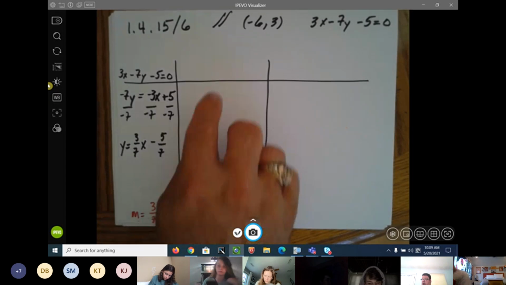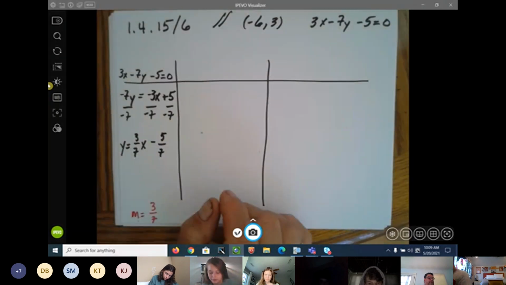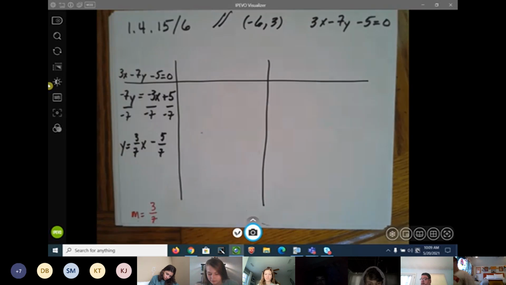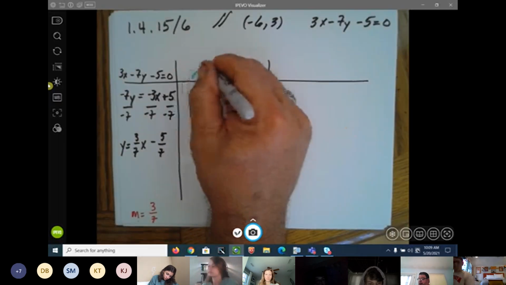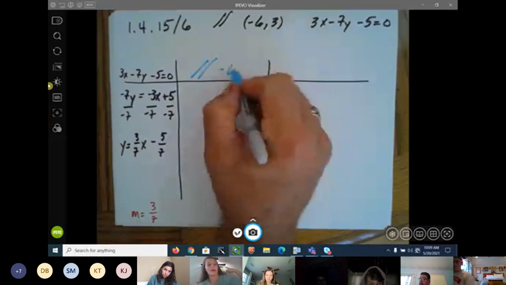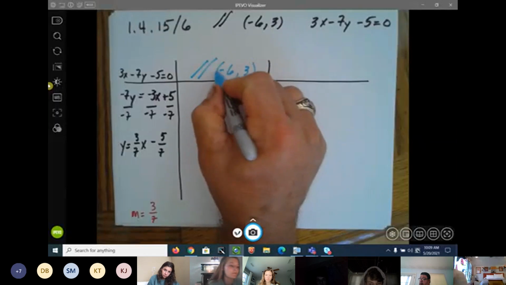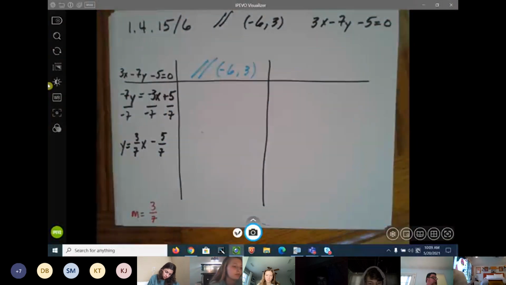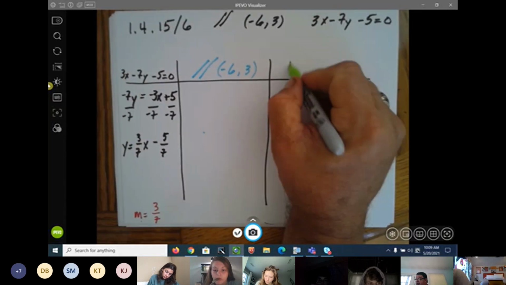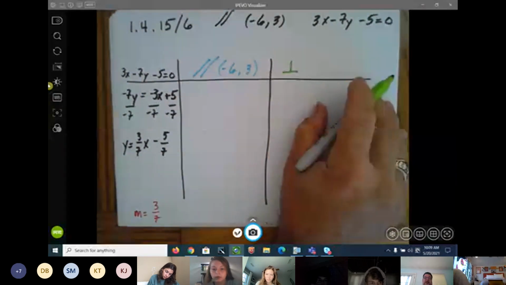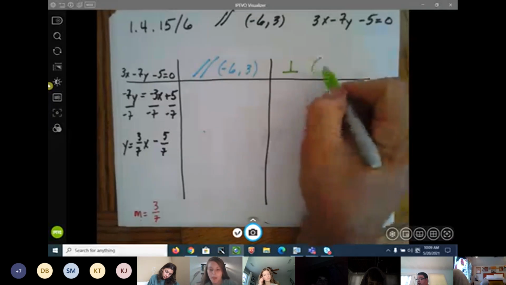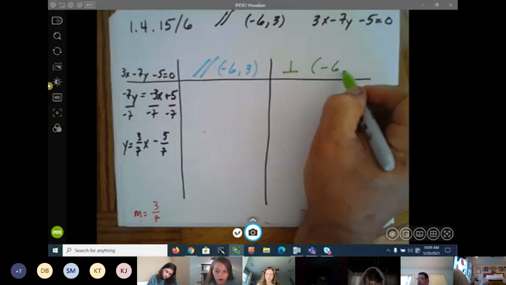So here we'll do parallel in blue, and we'll do perpendicular in green. And of course, somebody is going to ask themselves, well, Hubert, you don't have to do perpendicular.